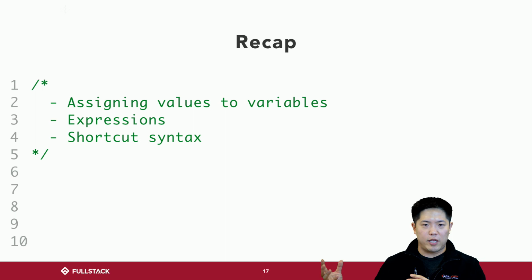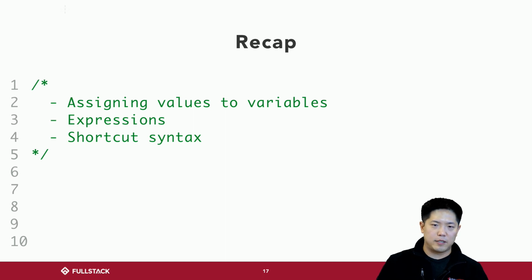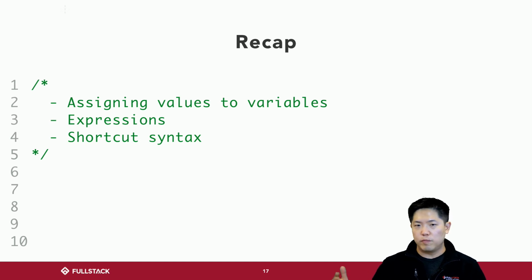Everything on the right side of that equal sign is going to be evaluated, and then whatever value that is, we can put it into the variable. And then finally, we looked at a few shortcut syntaxes, basically the plus equal, minus equal, and the plus plus and minus minus. Those are used pretty often in programming because oftentimes we want to, for example, iterate through a loop, and we want to go from 0 to 20. We want to capture each one, so we just say, hey, plus plus, go to the next one.